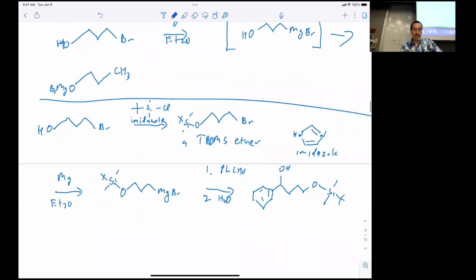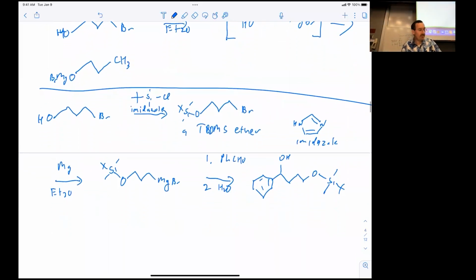And the very last reaction that Smith gives you is the removal of the TBDMS group with a fluoride source that dissolves in organic solvents, tetrabutylammonium fluoride, often dissolved in THF with a little bit of water in there to provide a proton.